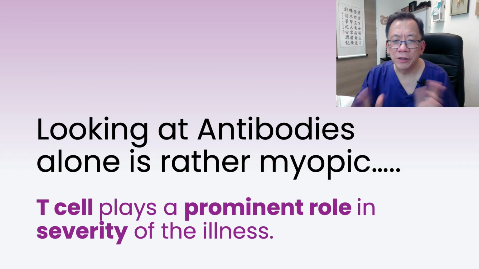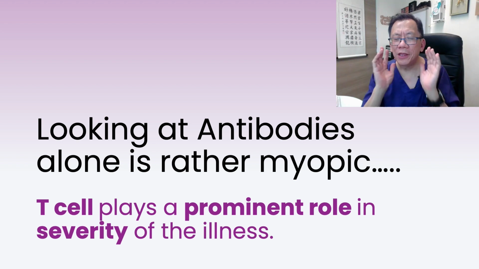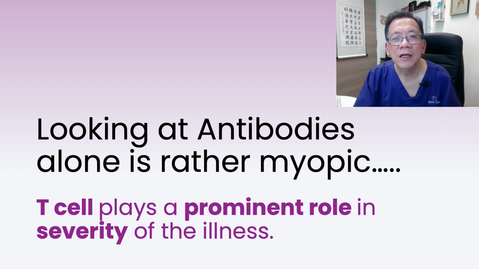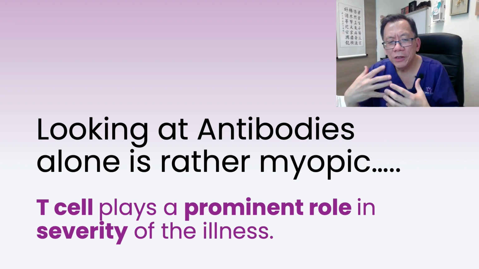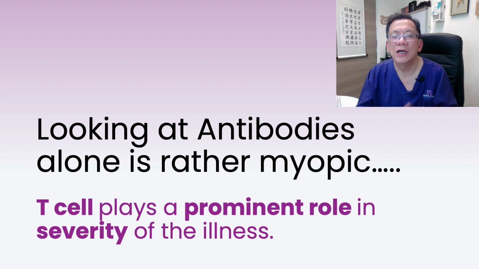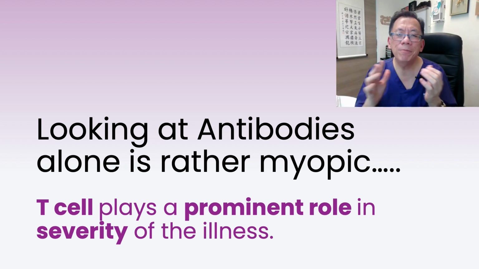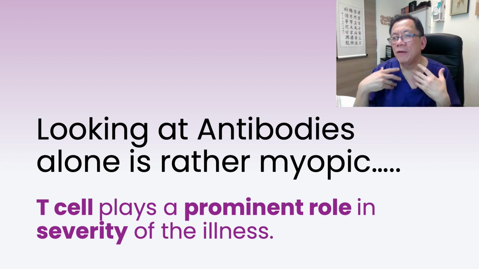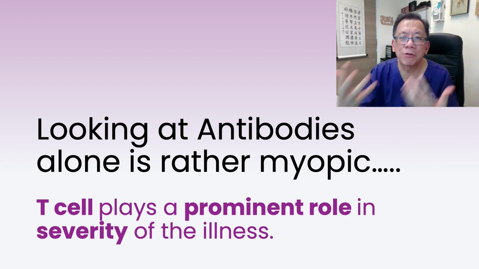We've talked a lot about antibodies, but if you think of immunity just as antibodies alone, it is rather myopic, because the body has other cells that are very important. You still have the physical structure, and very importantly, they have the T cell. The T cell plays a prominent role in the severity of illness, especially infections which the body can be trained on prior.